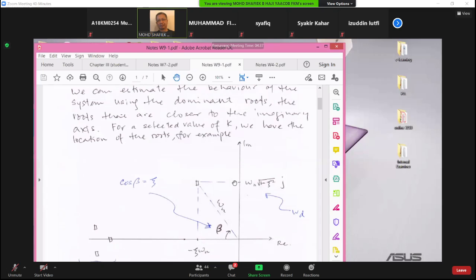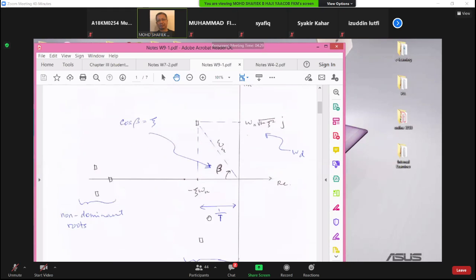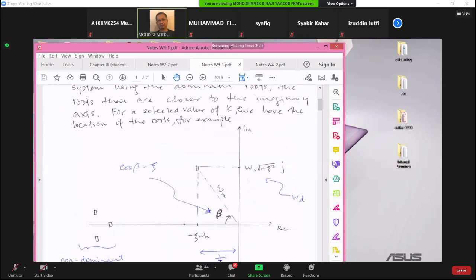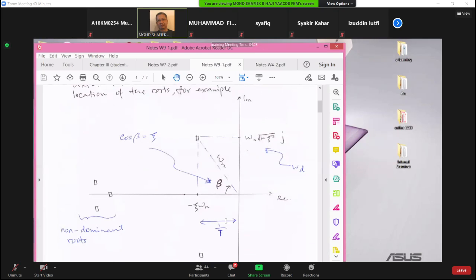With all that information, we can now select the value of k given some specification. Let's say the specification says to select the value of k such that the time constant is less than 1 second, for example. Therefore, you know that you should not go to the left of a vertical line where the real part of the root is equal to 1.